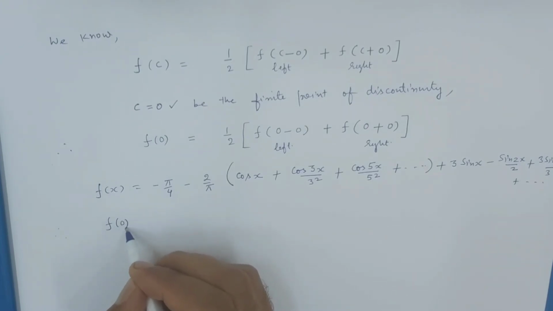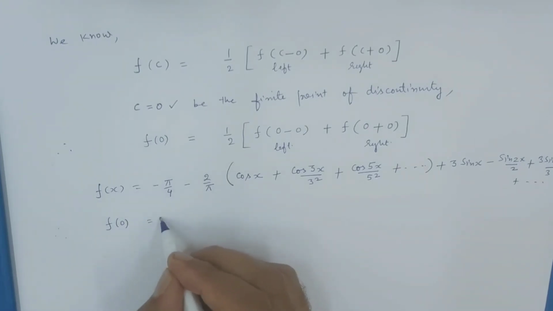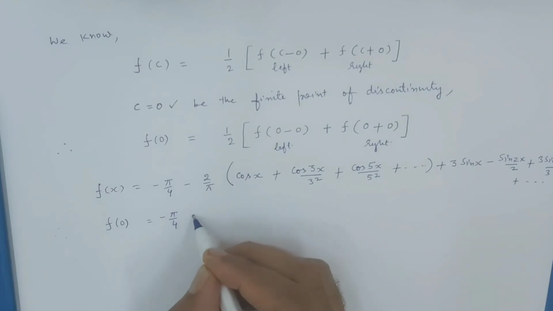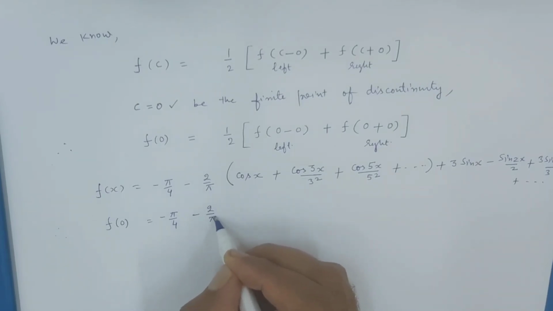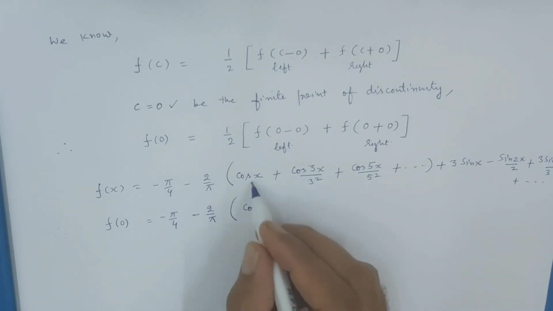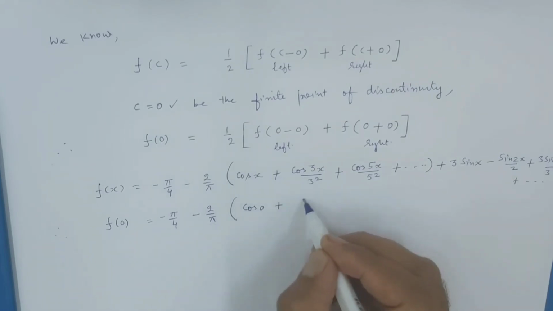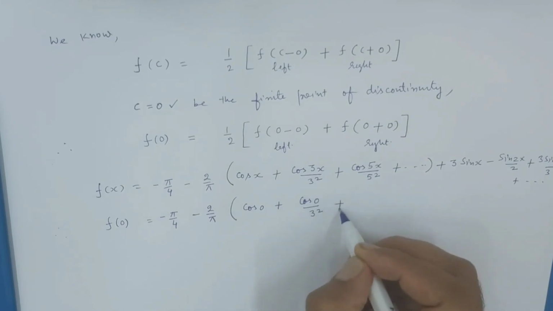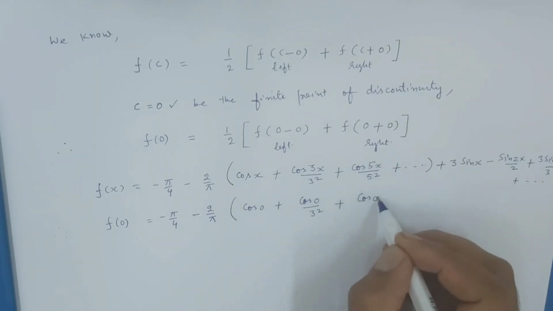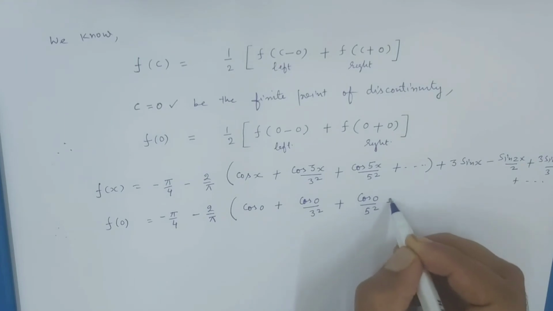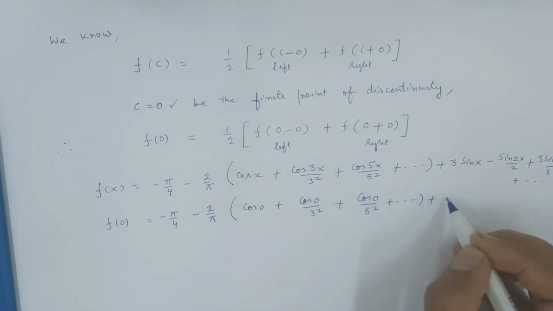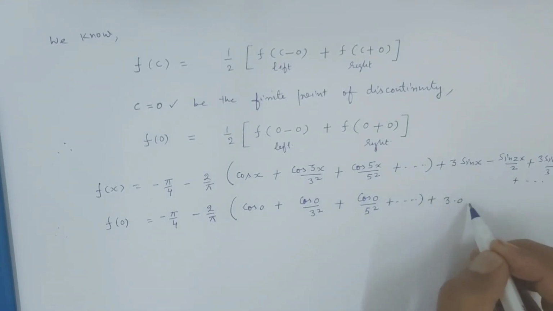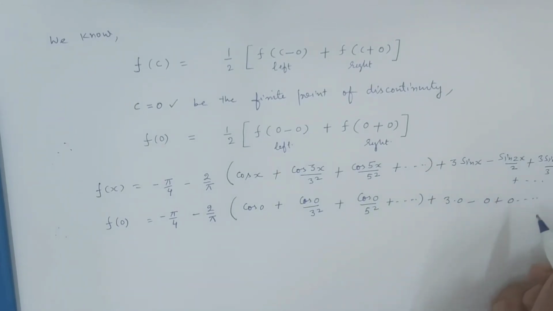F of 0, x equal to 0: minus pi by 4 minus 2 by pi cos 0 plus cos 3 0, that is 0 upon 3 square plus cos 5 0, that is 0 upon 5 square plus up to so on, plus 3 sin 0, that is 0, minus sin 0, that is 0, plus 0 up to so on. This is the sine series.